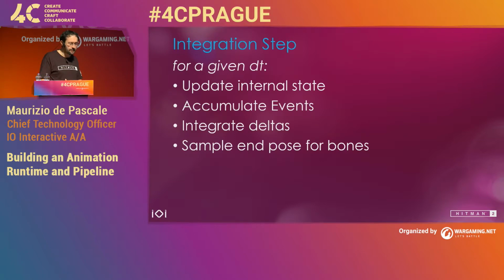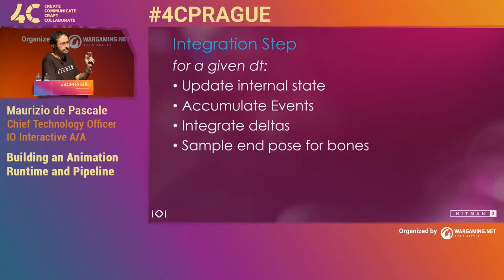Now, when it comes to updating, so really doing a step of advancing the state of your network, we treat the update kind of like integrating a function in the mathematical sense of the term. Practically, it's like each node being recursively asked to update its own internal state and doing the same on its active inputs. So the delta time, the dt, that is being requested from the top layer can actually be transformed during this phase, because as I said before, different animations might have different lengths, or they might have a different starting time.